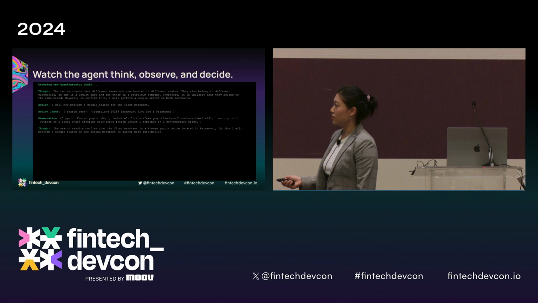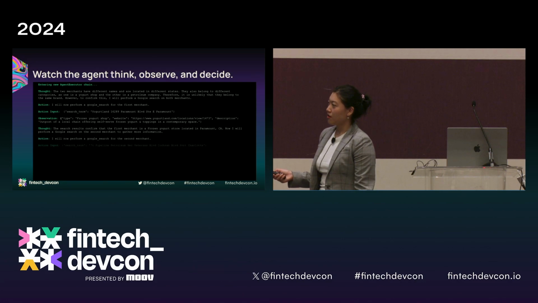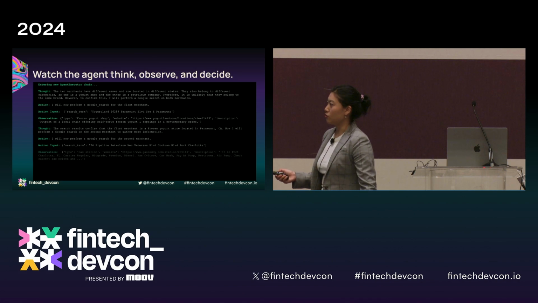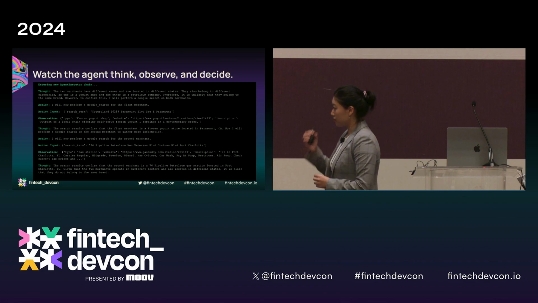All right, so let's see. It does exactly the same thing as with the first merchant. It is quite amazing because you can see these logs. The QA agent is thinking like a human, exactly.